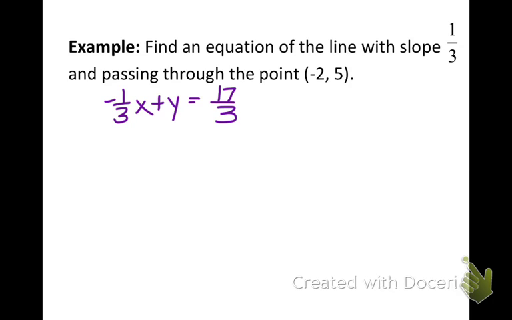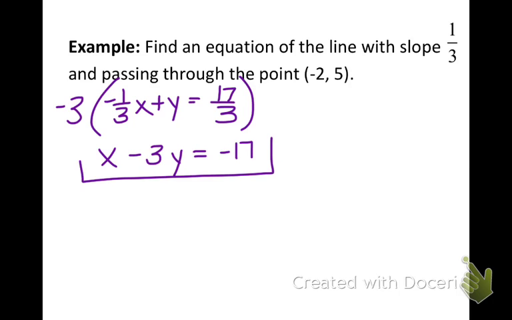A negative 3. What I was going to do is 3 and then switch all the signs. I know, but this takes care of it in one shot, I guess. Right? So if I multiply everything by negative 3, then I'll get rid of the negative x term, and I'll get rid of my fractions. So I get x minus 3y equals negative 17. And there's my answer in standard form.